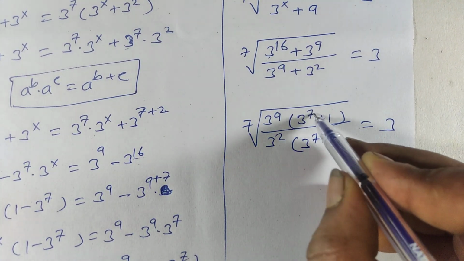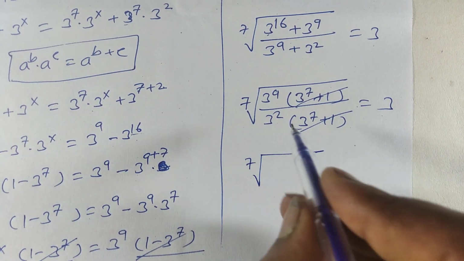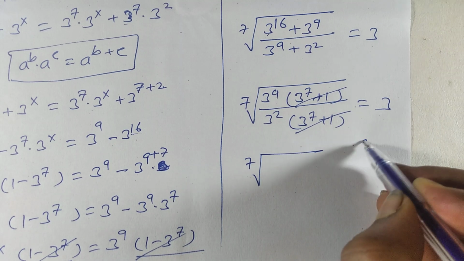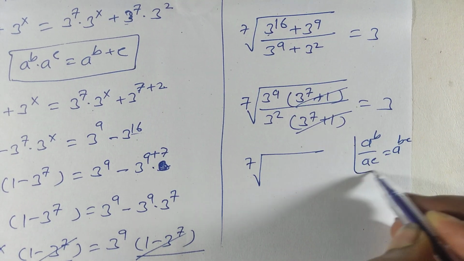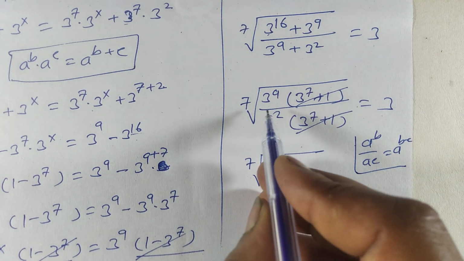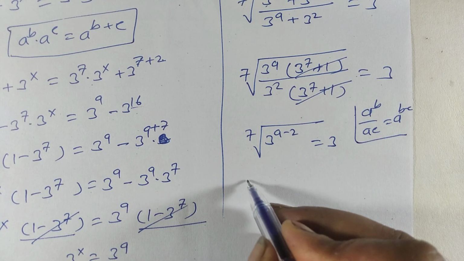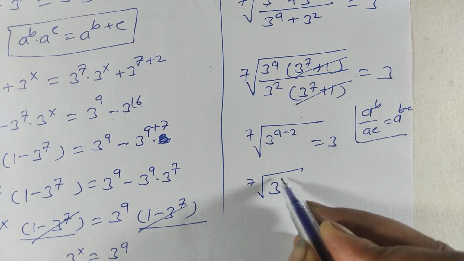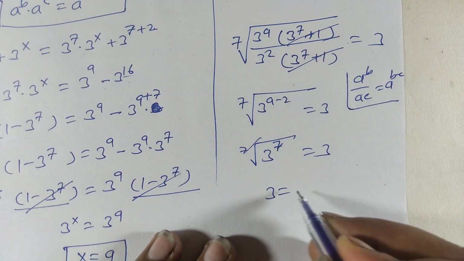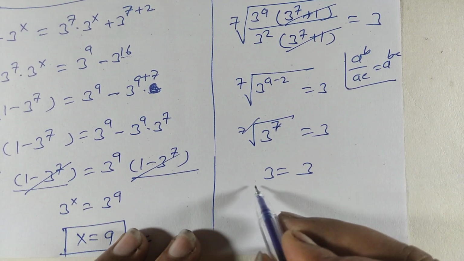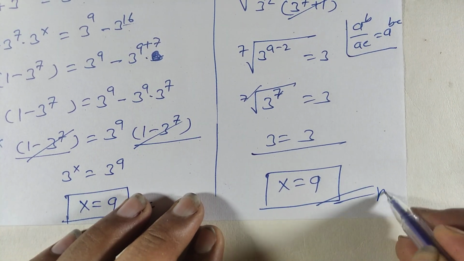This factor is cancelled. Using a to the power b over a to the power c is equal to a to the power b minus c, we get the 7th root of 3 to the power 9 minus 2, which is the 7th root of 3 to the power 7, equal to 3. The power and the root are cancelled, so 3 is equal to 3. Left and right sides are equal. Then x equal to 9 is the correct answer to that question.